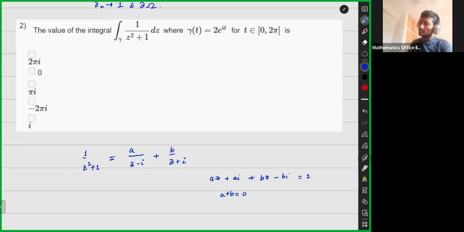So a plus b is equal to 0, and ai minus bi is equal to 1. So a is equal to minus b. Putting in the second condition, it becomes 2ai equal to 1. So a is equal to minus i by 2, and b is plus i by 2.